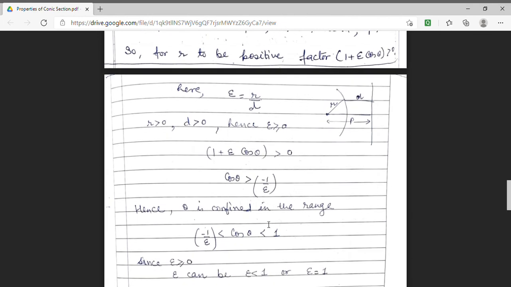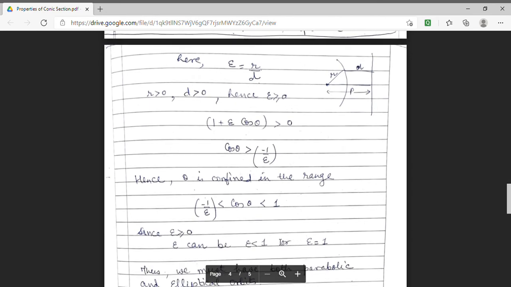So, since here epsilon will always be greater than 0, that means epsilon will always be positive. And for cos theta to be confined between minus 1 to plus 1, epsilon can be equal to 1 and it can also be less than 1.